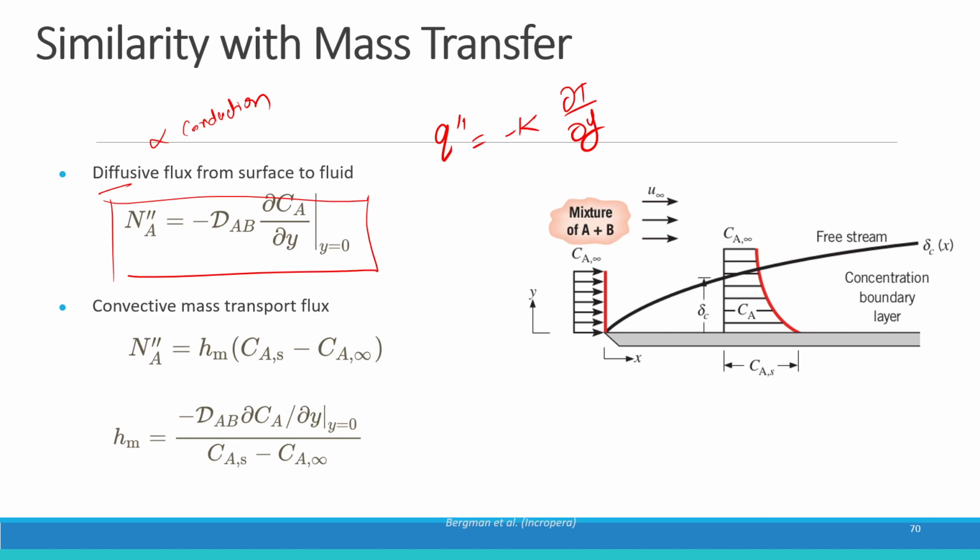Again, for convection we wrote q double dash is equal to h times (Ts minus T infinity). In terms of mass transfer, we can write N_A double dash is equal to h_m times (C_A,s minus C_A,infinity). Then, to find the convective mass transfer coefficient, we can again take the ratio of both of them and write it in this form.